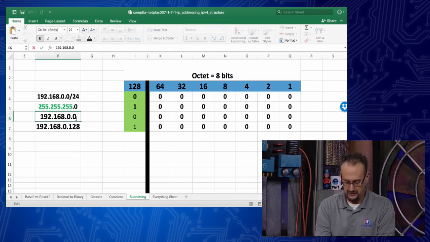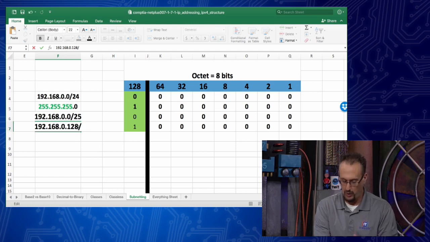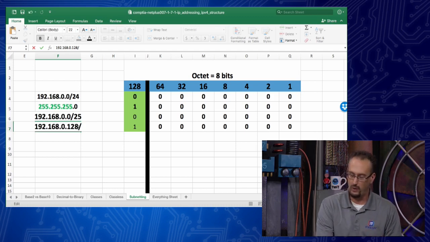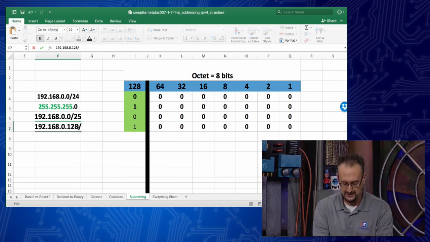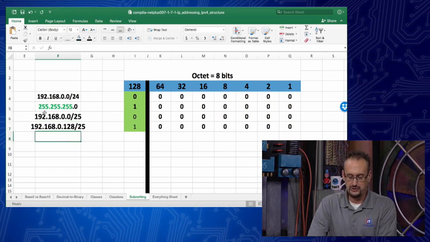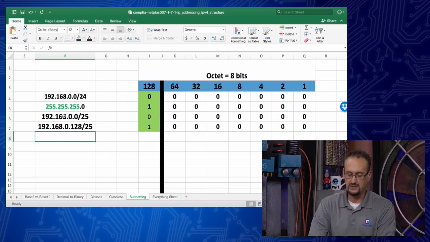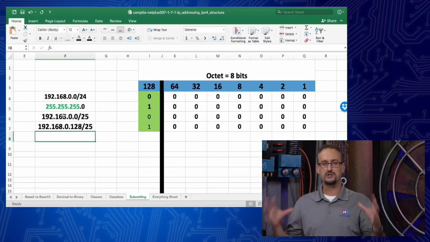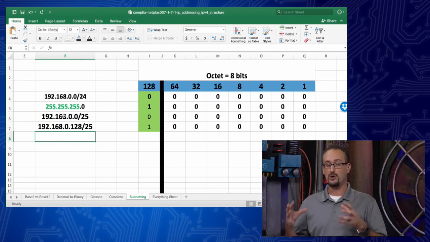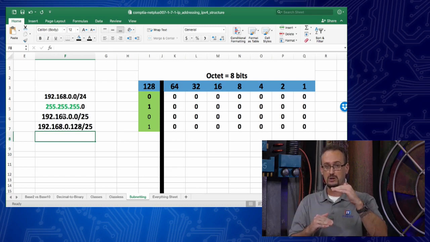192.168.0.0, and we could do a /25, right? Because we've now got an extra bit. We borrowed a bit. No more 24, now we've got 25 bits. So when you choose to make a /25 on these, you've essentially subnetted a large 254 node network into two 126 node networks.